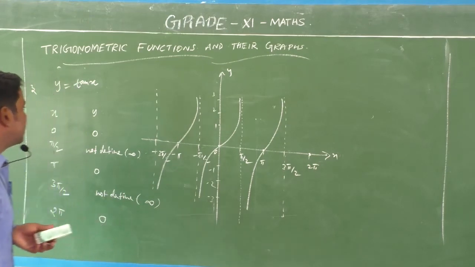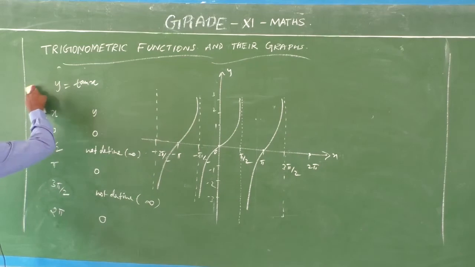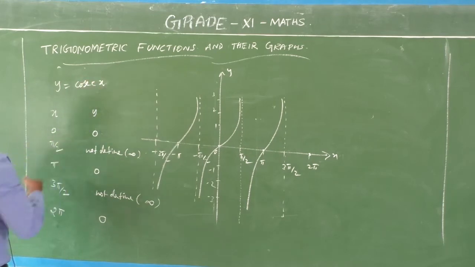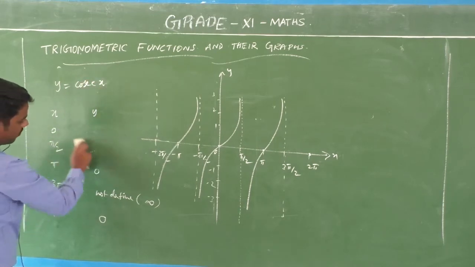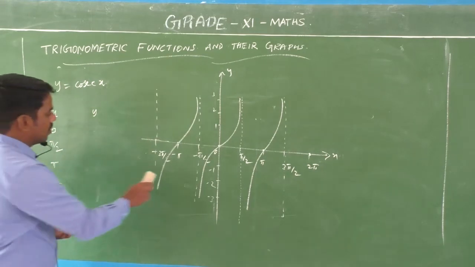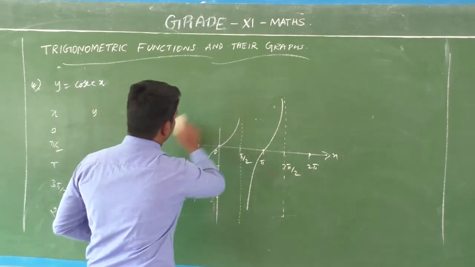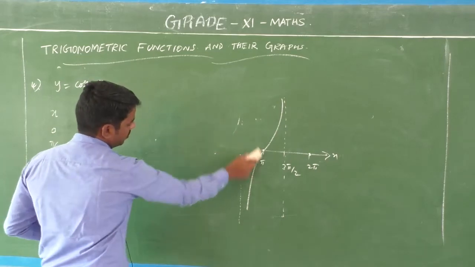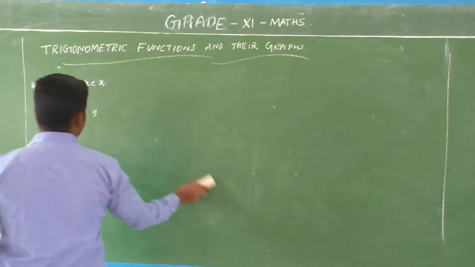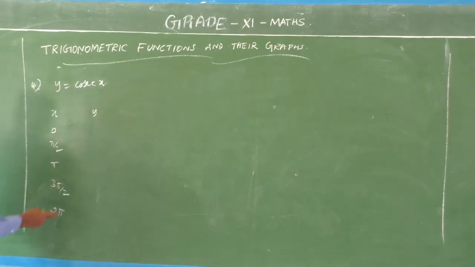Okay, right. Next, the fourth one, y equal to cosecant x. First, you can take x from 0 to 2 pi.